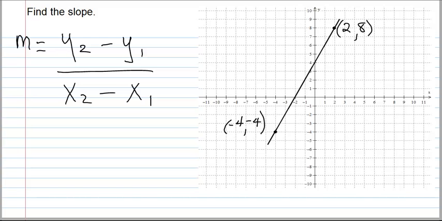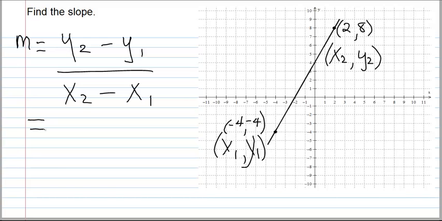Turns out it really doesn't matter which point you call the first point or the second point, but it's probably in your best interest to just go ahead and read your points from left to right. So that's going to be x1 and y1, and this is going to be x2 and y2. And it's just a matter of filling in the formula and recognizing we're still doing rise over run.